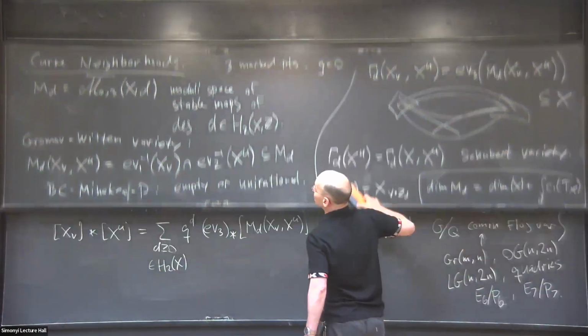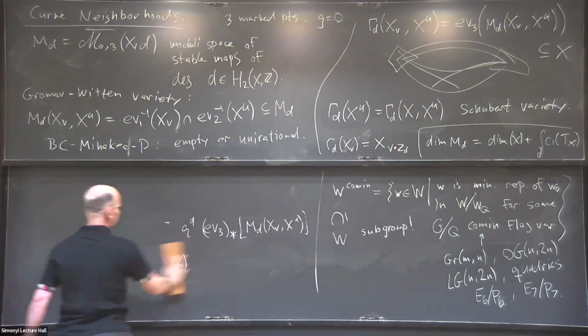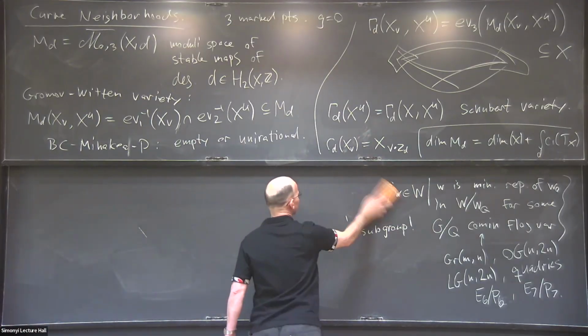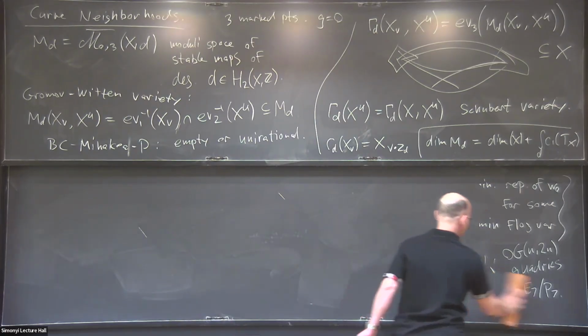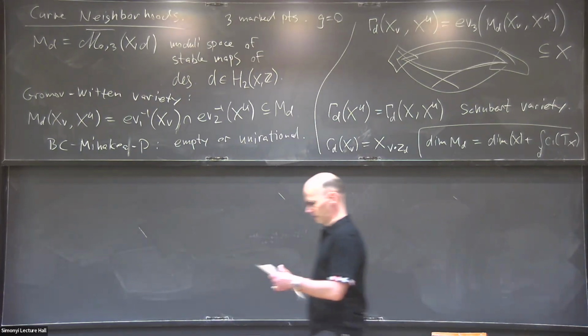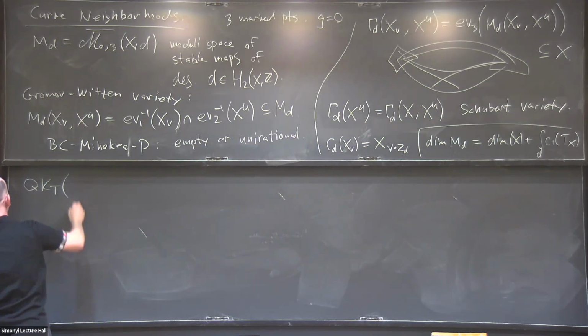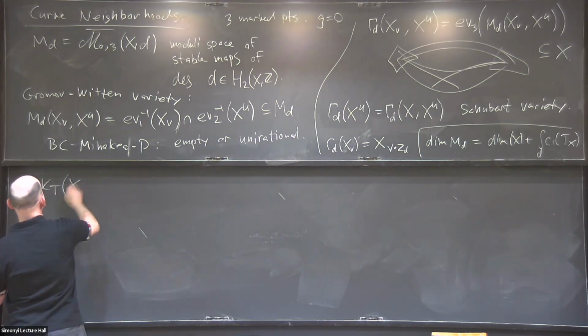Then we have the quantum K theory ring, equivariant.